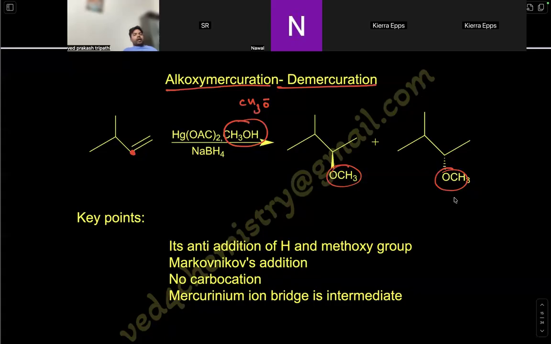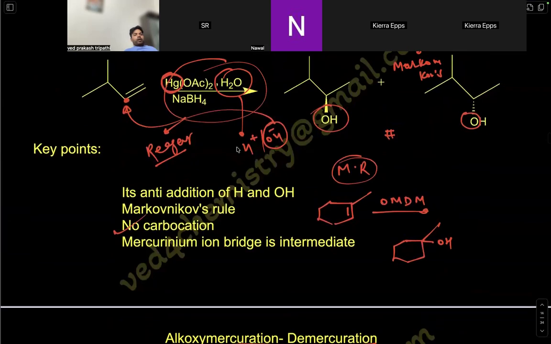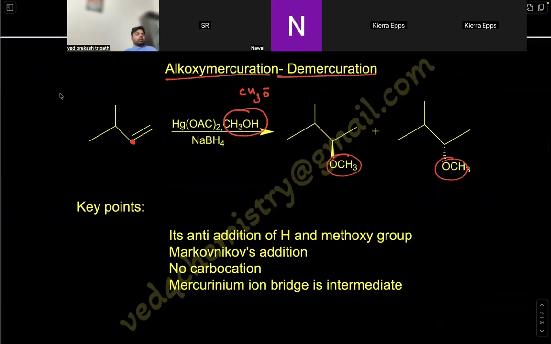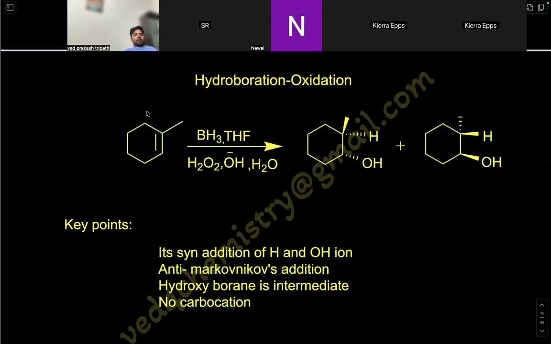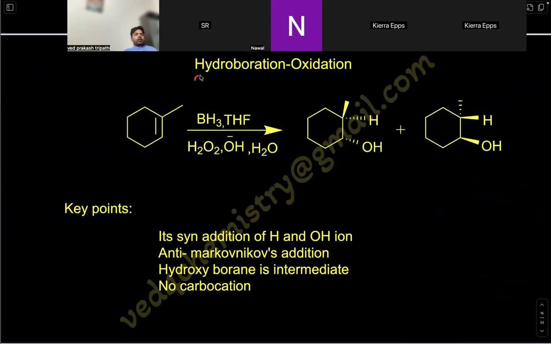One thing I would like to tell you between oxymercuration, demercuration, and alkoxymercuration, the H2O one is more important. So this one is more important. Alkoxymercuration is not important. Okay. But it's simple.